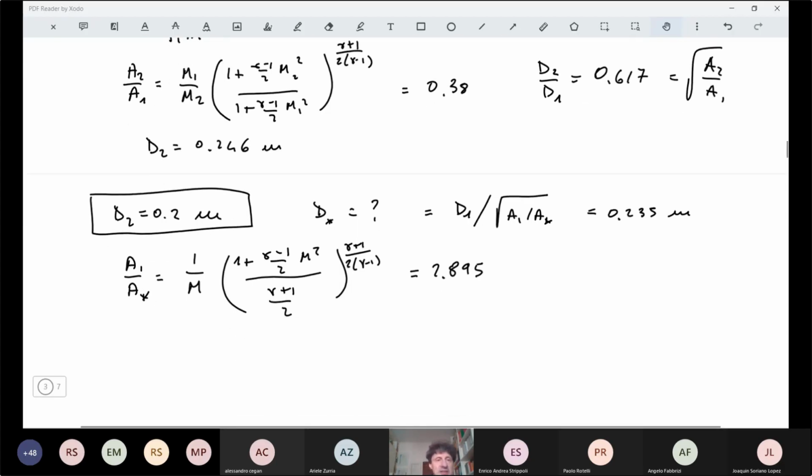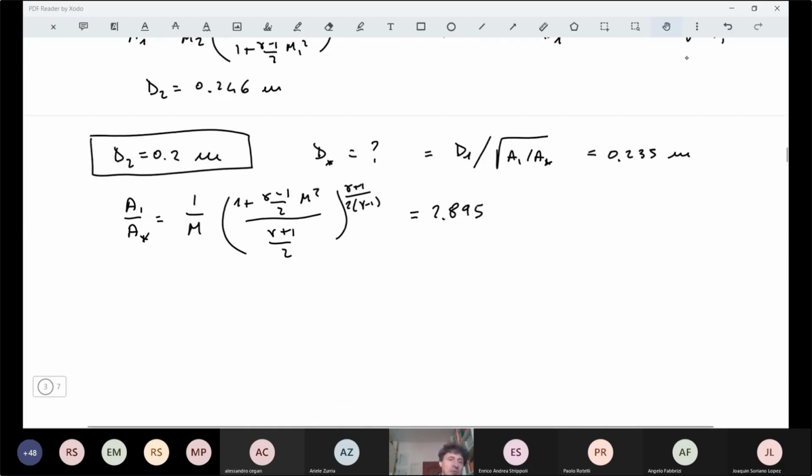So we have that the new mass flow rate, let's say B, over the mass flow rate A can be expressed as the ratio of, we have the same total conditions.